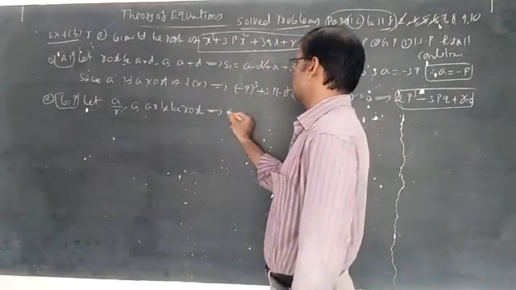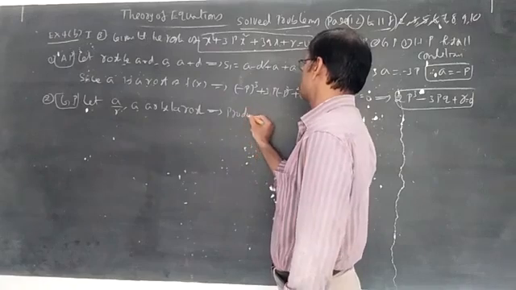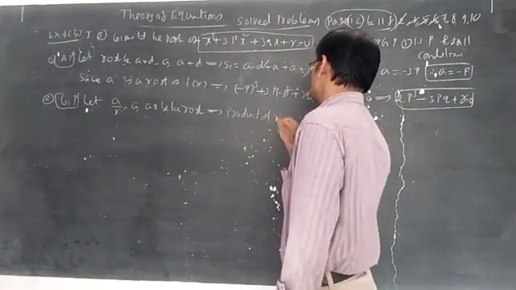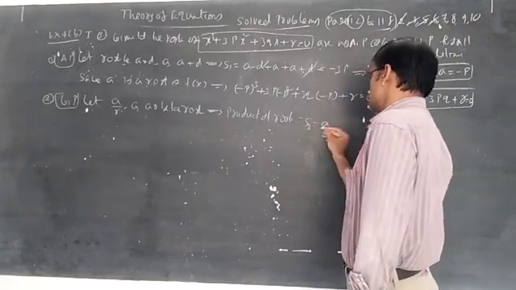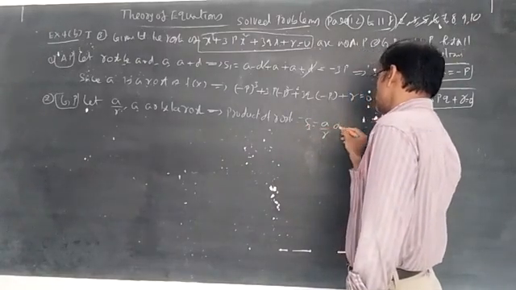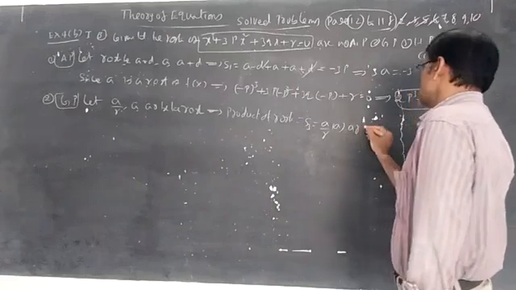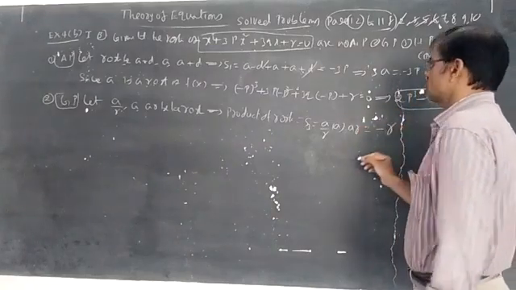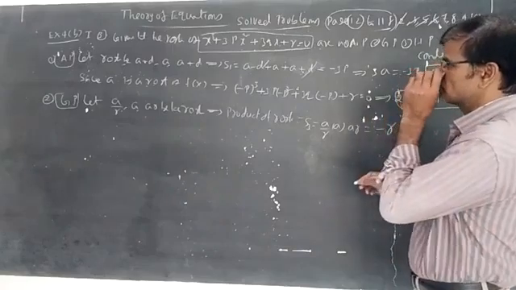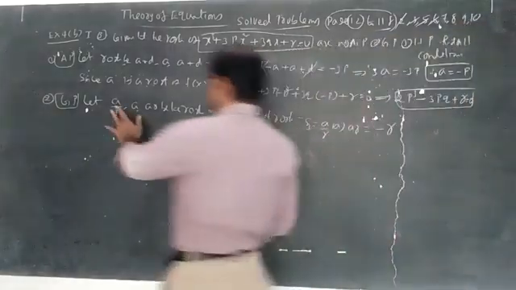Now, product of roots, that is S3. Product of roots S3 is equal to a by r into a into ar is equal to minus r. Here the r in ar may be any capital R you think.